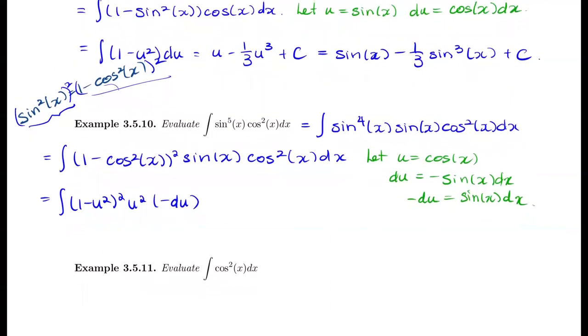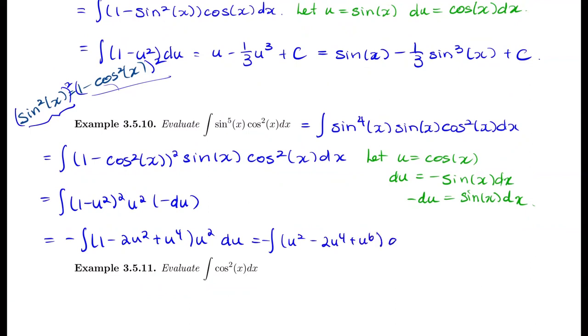Once we expand all this, we get negative of the integral of 1 minus 2u squared plus u to the fourth, u squared du, so negative integral of u squared minus 2u to the fourth plus u to the sixth du.